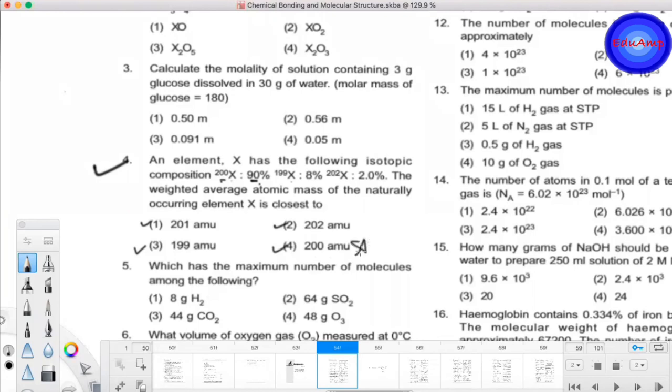Why? Because the abundance in nature of X-200 is 90%, so most probably my average value will come near 200. Therefore, 200 AMU will be the answer. Everybody got it or not? Say yes or no, please.